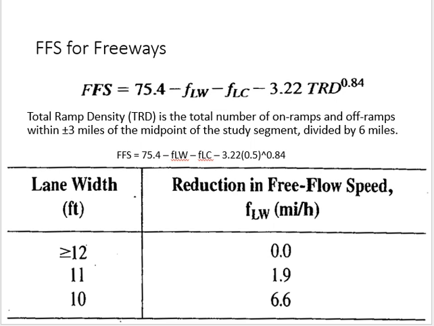Now you can see here, the highest value of the lane width is how much? 12. More lane width is good or bad? Good, right? If I'm going to design, I'll design for the best. So best is what? 12 or more.